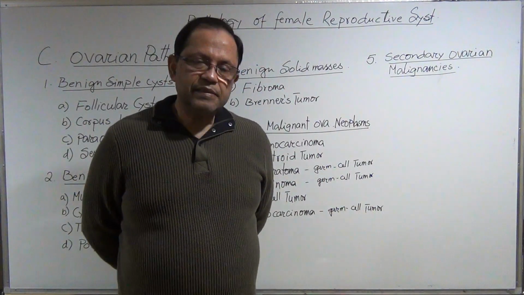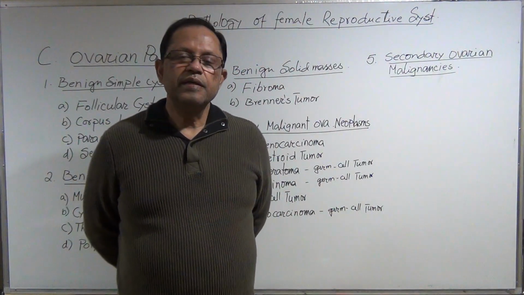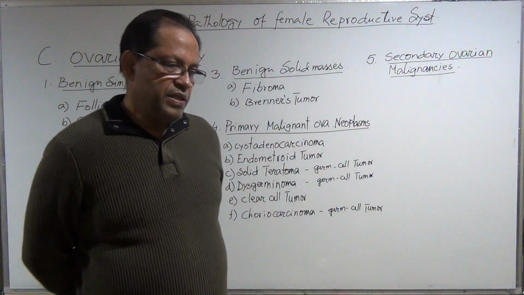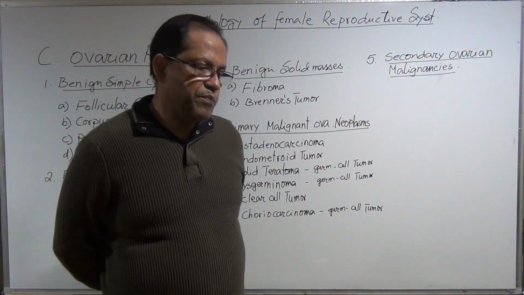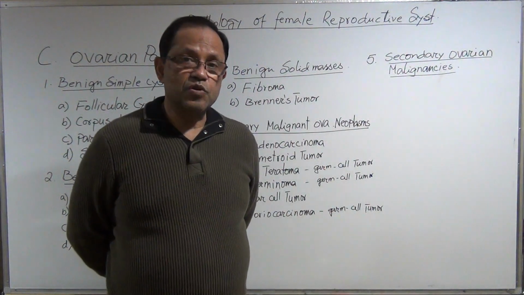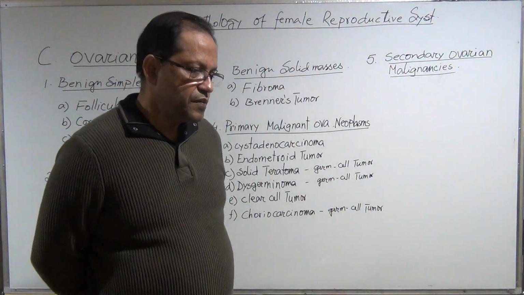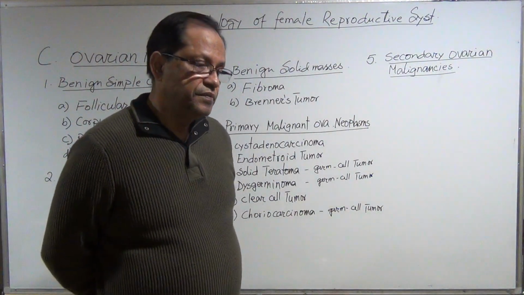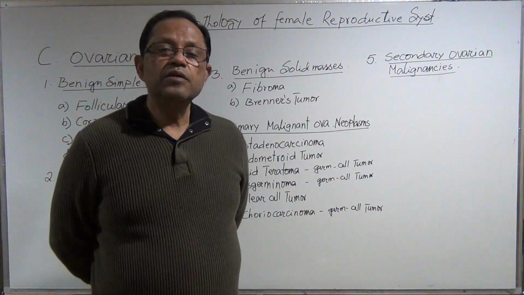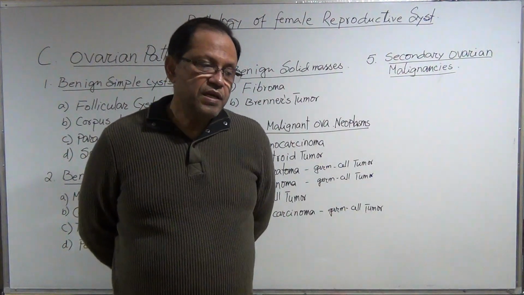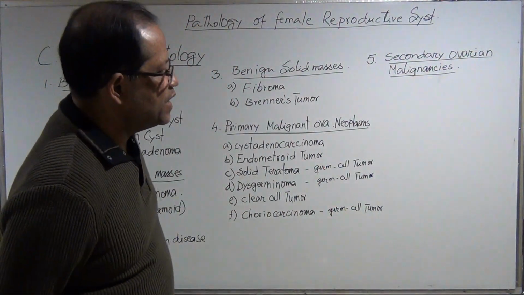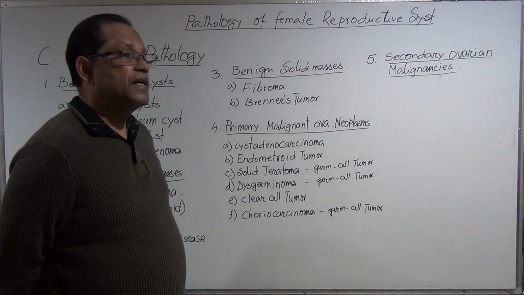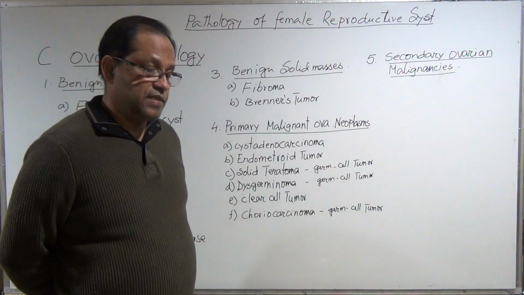And malignant can be primary, can be secondary. Besides this, there might be some pathology due to trauma, and autoimmune, and unknown origin. Okay, so that's the way we classify the diseases of an organ or the system.